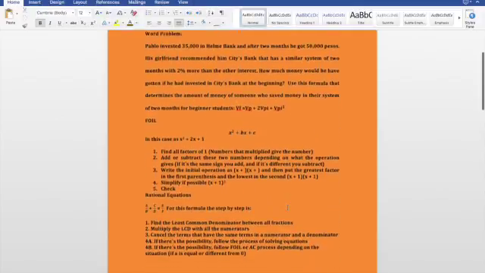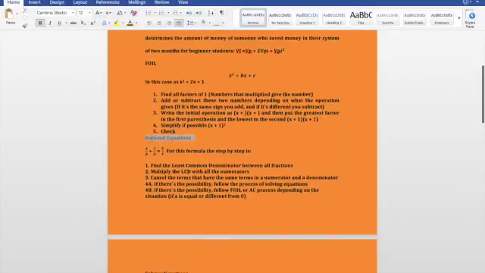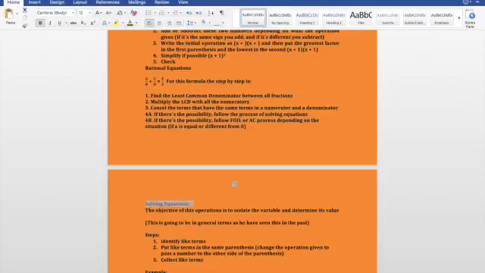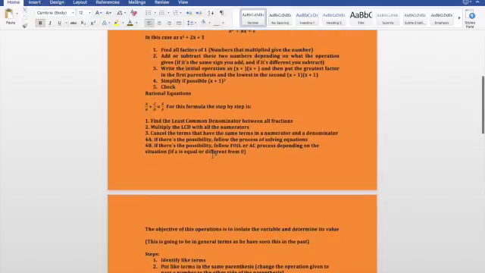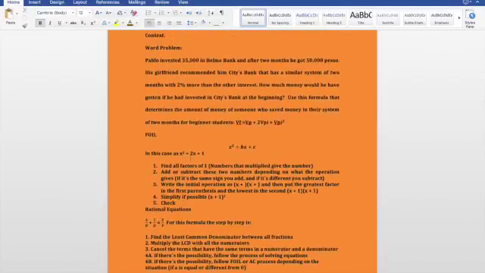So we start explaining the different methods proposed for solving the formula. They include FOIL, rational equations, and solving equations. FOIL: when you have a formula ax squared plus bx plus c, and a is equal to 1, you can do FOIL.